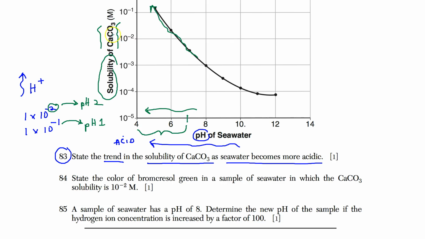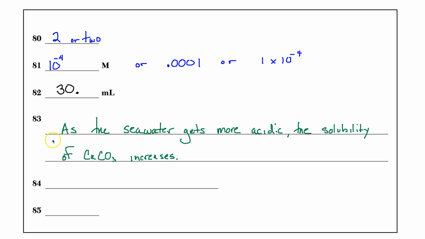Anyway, let's go to the answer booklet. So I said in 83, as the seawater gets more acidic, the solubility of the calcium carbonate, which is like chalk, increases. That's all there is. Just reading the graph, but you had to know acidity means the pH is getting smaller.